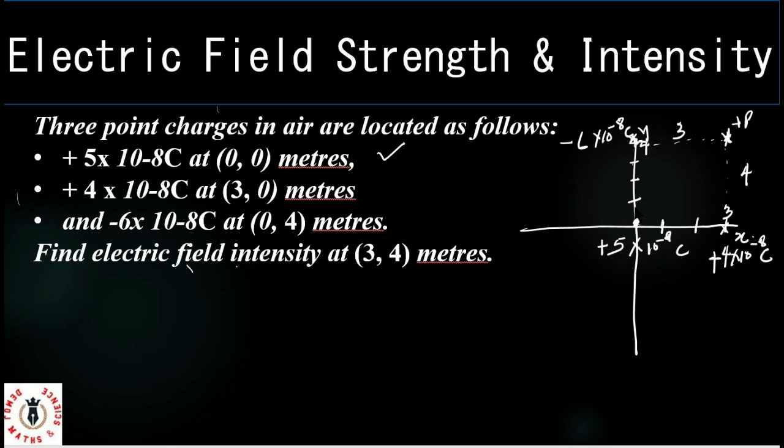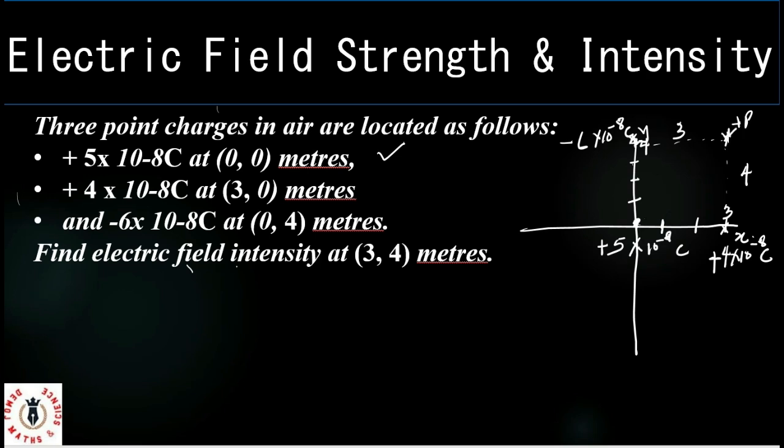Now, the first thing I want us to do is to look at the direction of force, or rather the direction of the electric field. Remember, the direction of the electric field is the same thing as the direction of the force. Going to the first charge, which is 5 here, a positive charge, we've placed a positive charge here to calculate the electric field intensity.